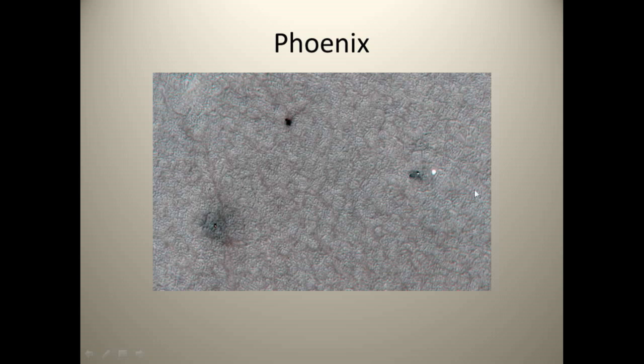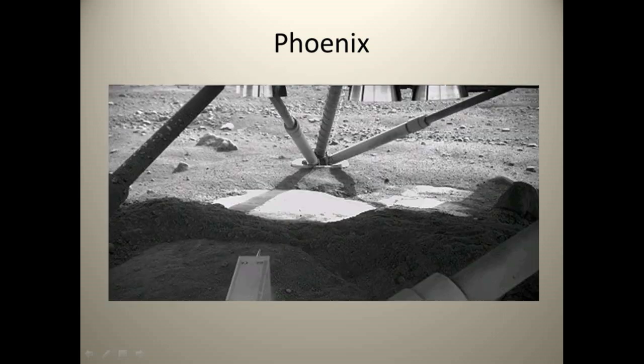One of the first things that was done then was to look underneath the lander. The thrusters, which you can see at the top of the picture here, blew away the dirt underneath and exposed this white layer, which was definitely thought to be ice. And further experiments showed that it was indeed ice.